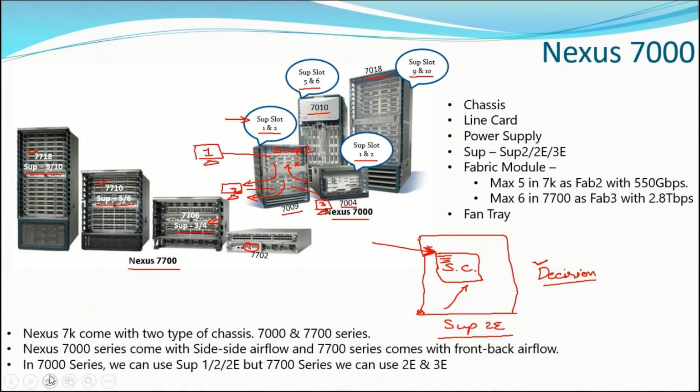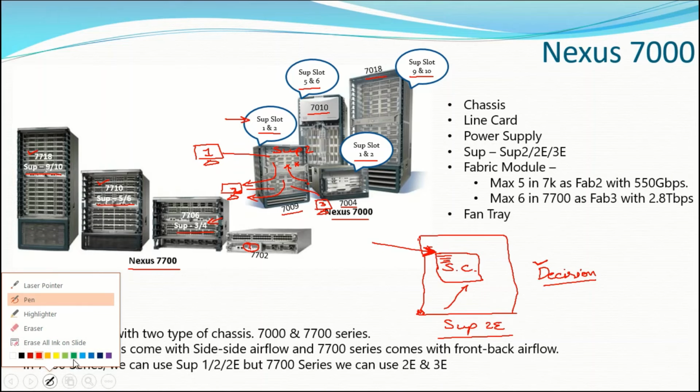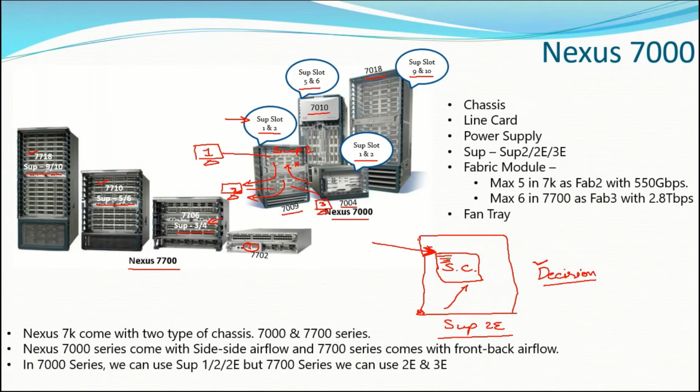If the system controller is lost in the 7000 series and the request lands on your supervisor engine, it tries to forward this request, but the decision has been lost, so it cannot handle it. Then the supervisor engine immediately declares that it cannot store this information, so it has failed, and the switchover happens immediately.